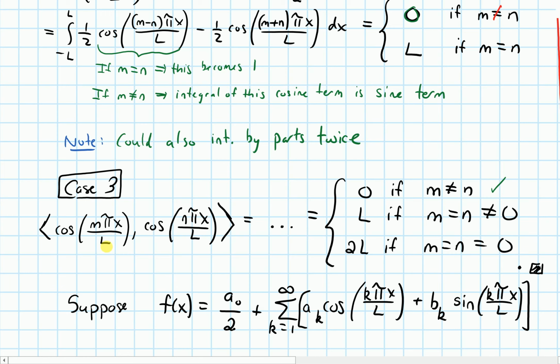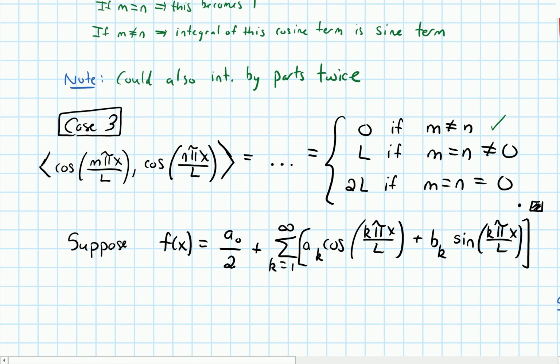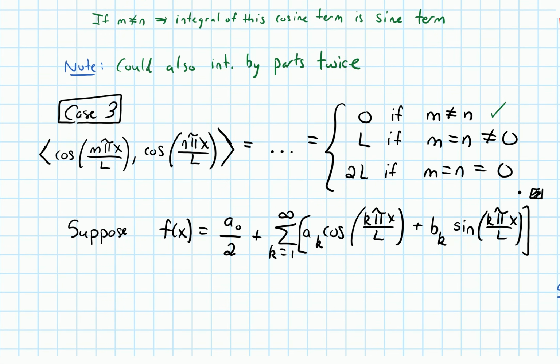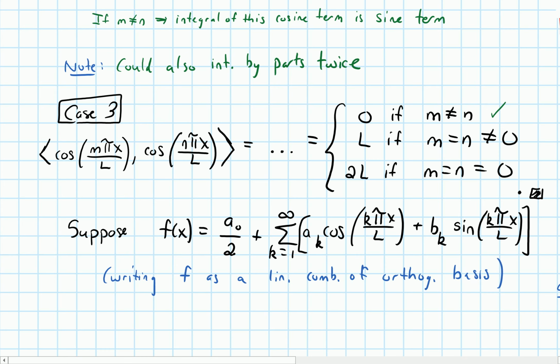What we're doing here, in a sense, is writing f as a linear combination of these cosine and sine functions, which we now know are orthogonal, as a linear combination of an orthogonal basis. And we saw this before in chapter 6 of linear algebra.